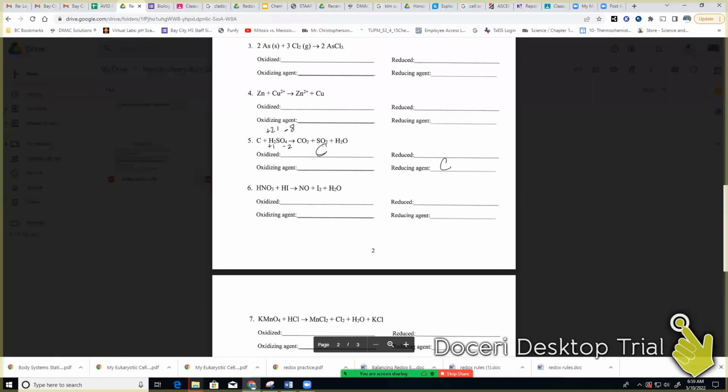So that means my sulfur has to be a +6 to even that out. And then over here, I need to figure out what my sulfur is. Oxygen right here, -2. I have 2 of them for a total of -4, which means my sulfur has to be +4. So my sulfur went from +6 to +4. So it was reduced. So I'm going to put S for sulfur. And if it was reduced, then it is the oxidizing agent.